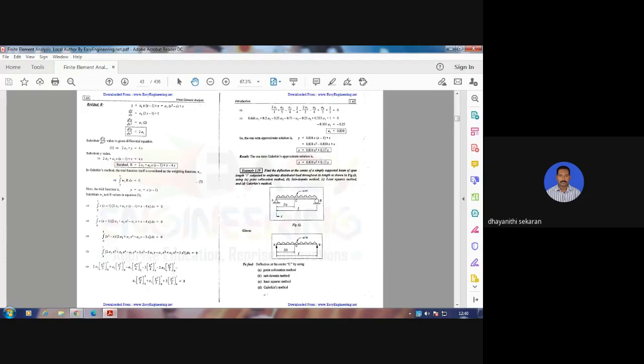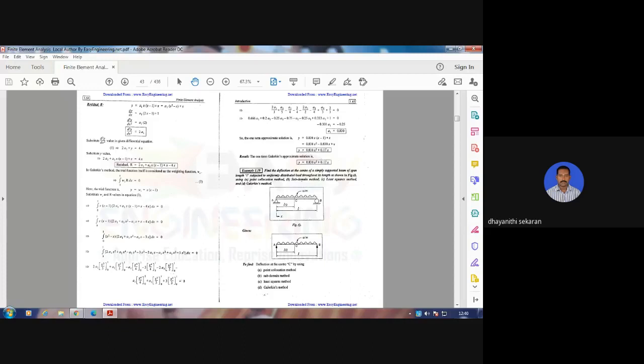So we get 2a1 by 3 plus a1 by 5 minus a1 by 4 minus 3 by 4 minus 2a1 by 2 minus a1 by 4 plus a1 by 3 plus 3 by 3 equal to 0.